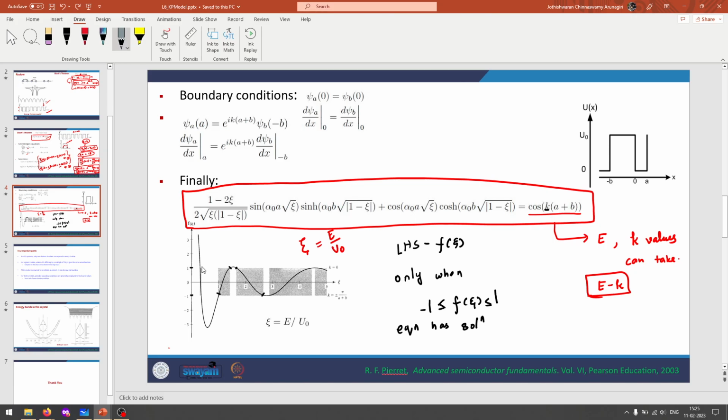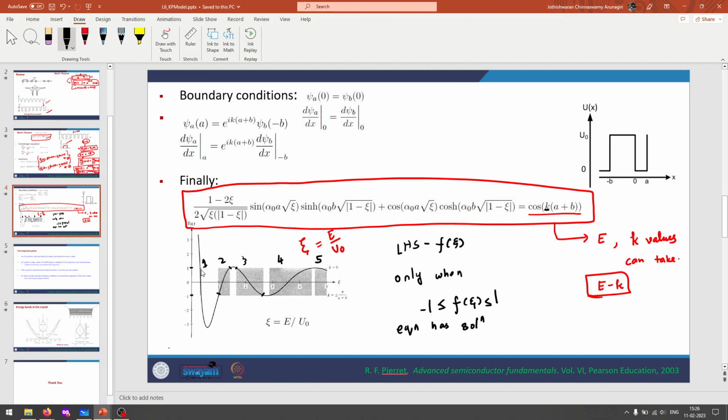I'm not used to the pen settings of PowerPoint, so let me just stick to the black one itself. No big deal. So this is region 1 for the solutions. This is region 2, region 3, region 4, region 5, and so on.